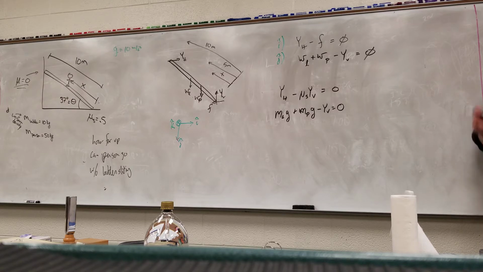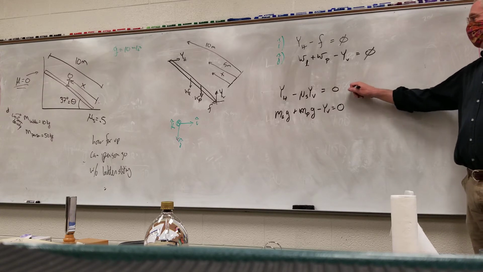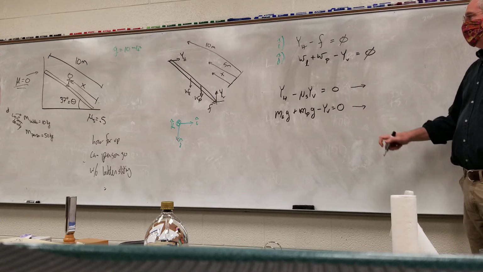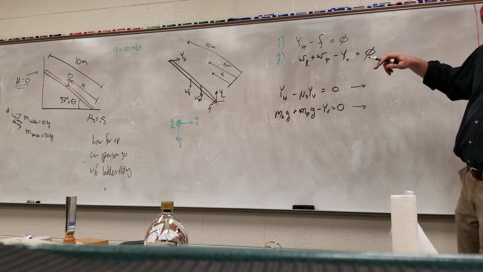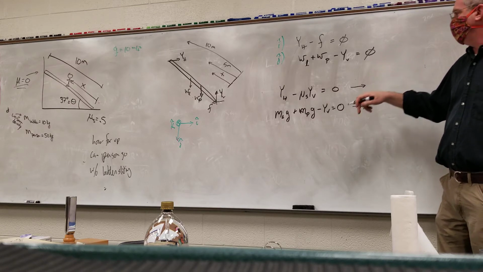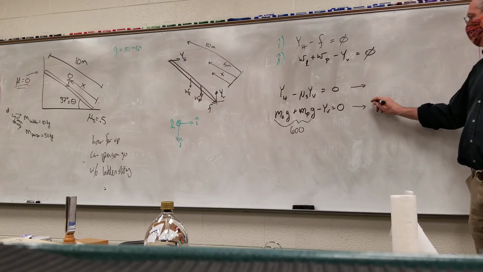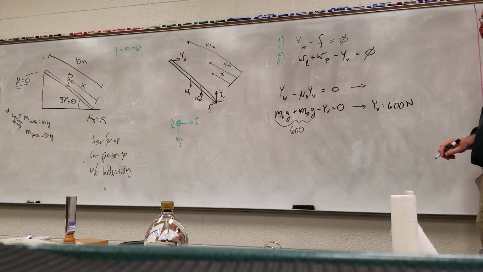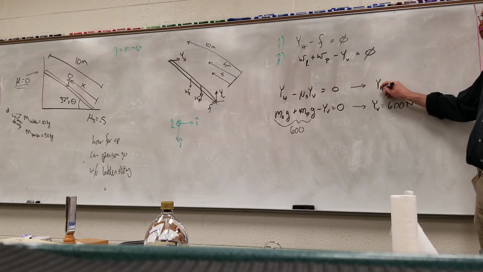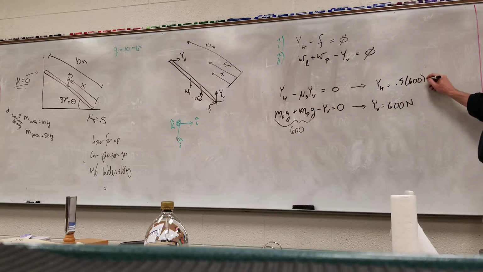But finding the value of x requires the torque. So let's go ahead and solve what we can here. So ladder was, I said 10, and the person is 50, so this would be 600. So y sub v is equal to 600 newtons. Y sub h is equal to 0.5 times 600, which is 300 newtons.